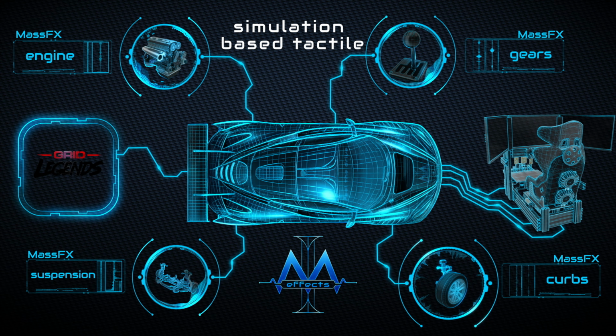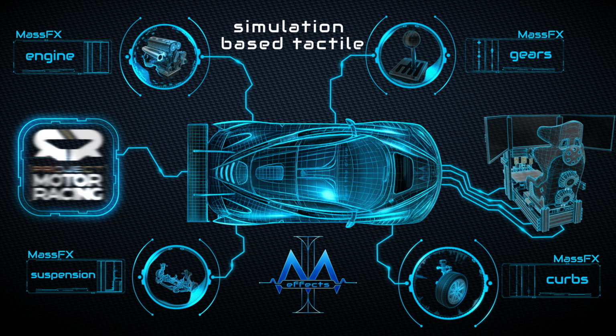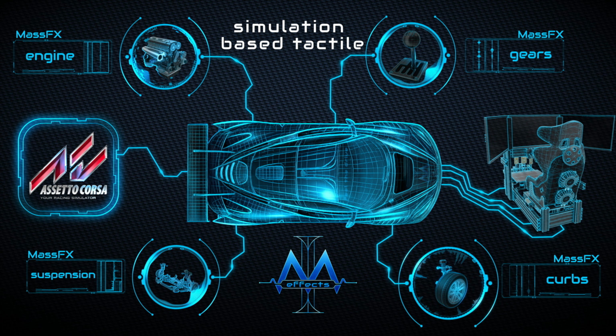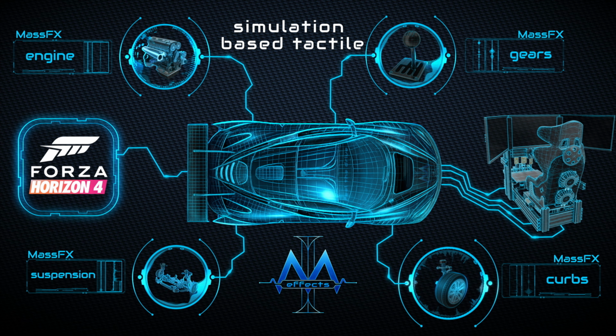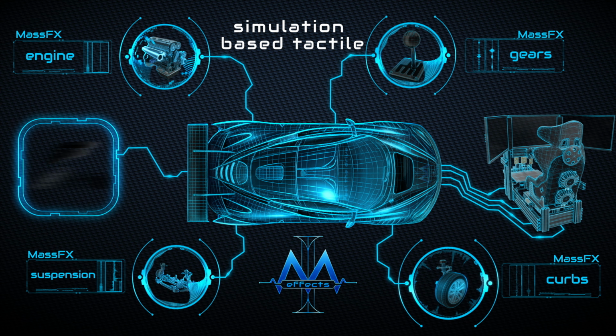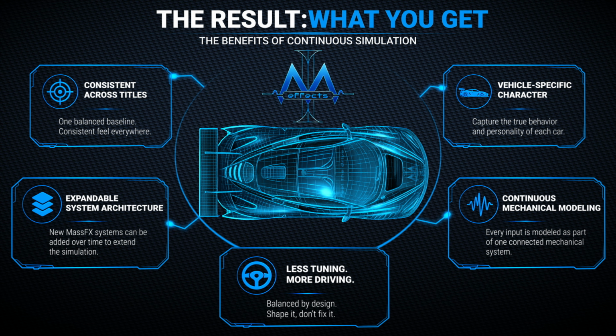As the simulation evolves, each system continuously generates its own complex tactile waveform. Those waveforms are then combined and delivered to the appropriate tactile hardware. The result is a cohesive tactile response that behaves like one connected mechanical system rather than a collection of independent effects.